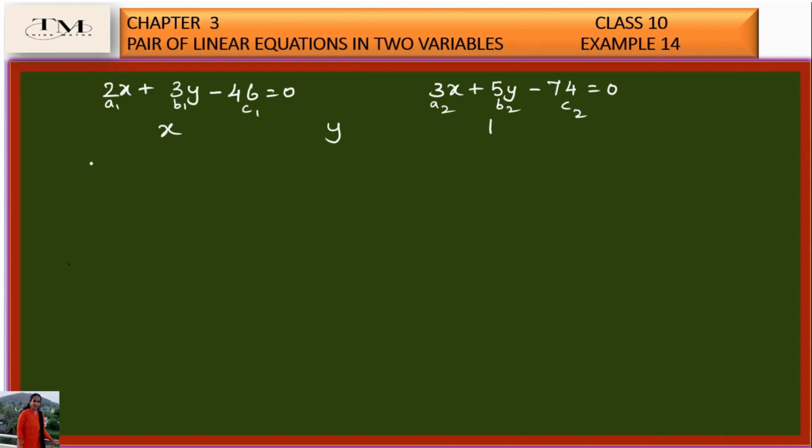First we have to write b1. b1 is 3. Next is c1. c1 is minus 46. Next a1. a1 is 2. Again b1, which is 3. Down we have to write b2. b2 is 5. c2 is minus 74 and a2 is 3. Next again b2 is 5. So we have to cross multiply.